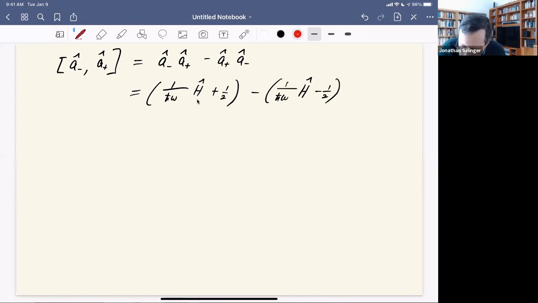So these Hamiltonian operators cancel, and this is all just equal to 1.